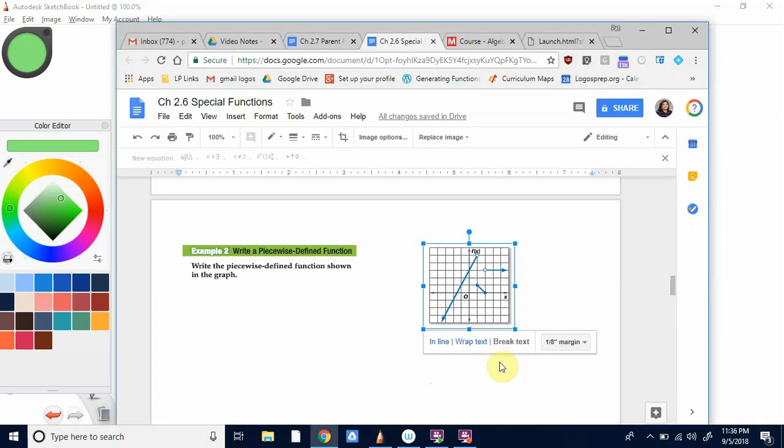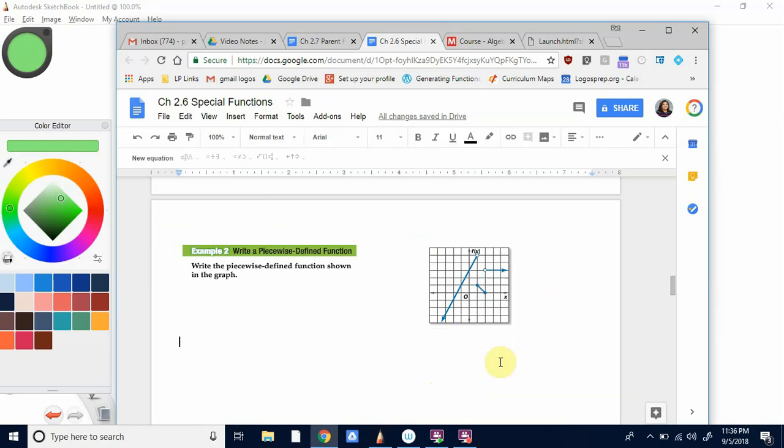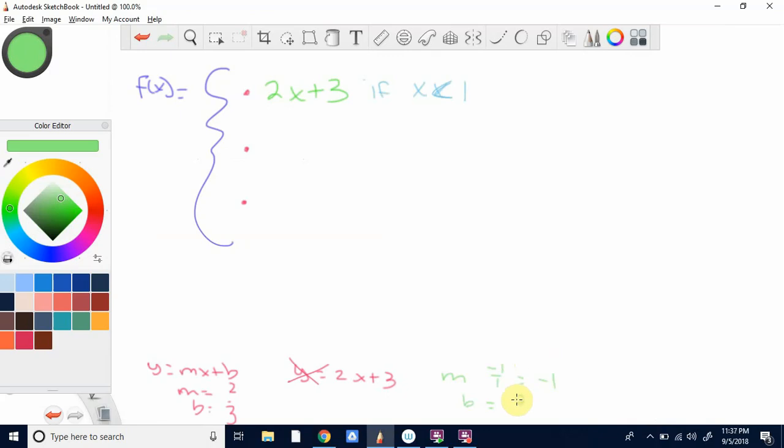We know our slope is -1, so up 1, over 1 puts me on the y-intercept, which would be at 0, comma 2. So my b is 2. My equation is y equals -x plus 2. So I'm just going to put -x plus 2.